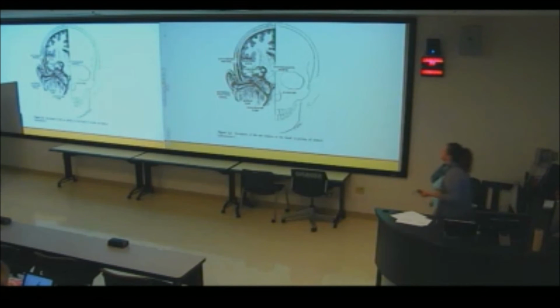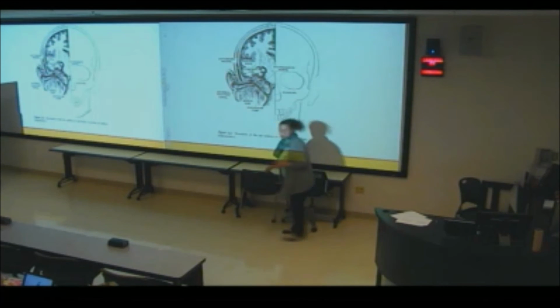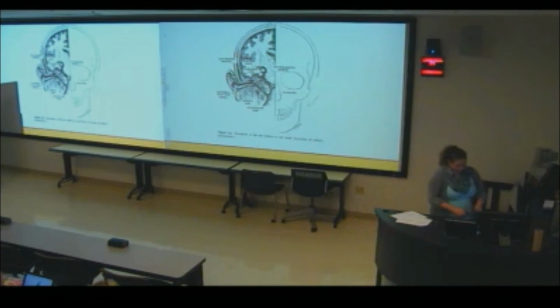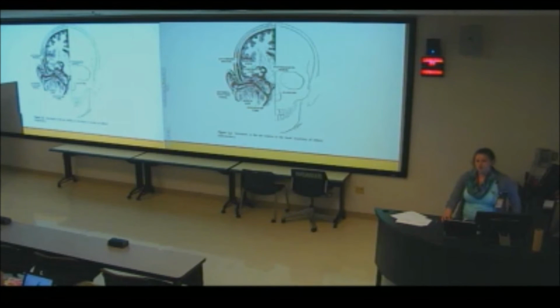This is another good view for you. You can see the pinna, the portion on the outside that you guys can see, and the external auditory canal. It's important that you say external. If you just say auditory canal, there are two different canals: the internal auditory canal and the external.